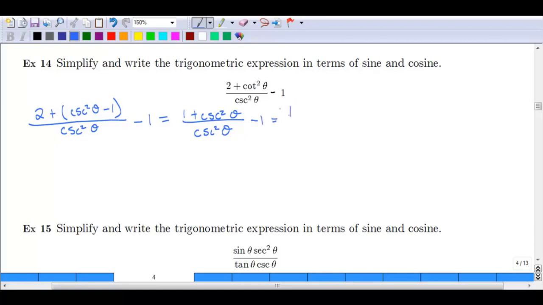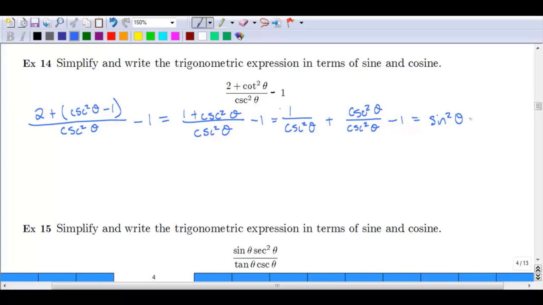And that's going to be 1 over cosecant squared of theta plus cosecant squared of theta over cosecant squared of theta. Then we still have our minus 1 there. And this is nice because it simplifies 1 over cosecant squared. We know cosecant is the reciprocal of sine, so we end up with sine squared of theta.